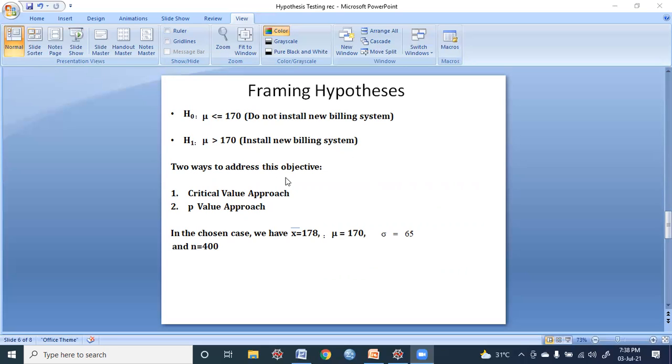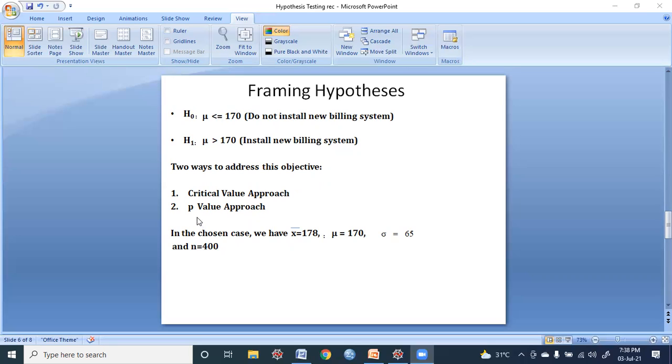There are two ways to address this objective. One is by means of the critical value approach, by finding the calculated value and the table value and comparing them. If the calculated value is less, we accept the hypothesis. If it is greater, we reject the hypothesis. So that is the first approach.